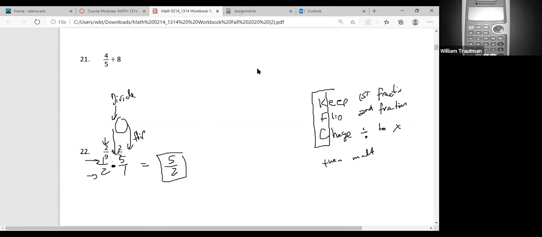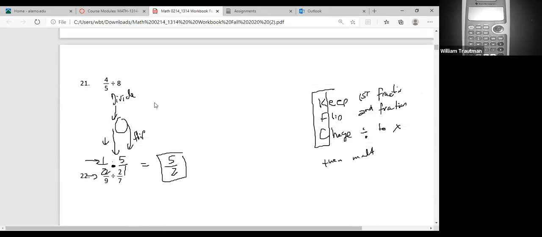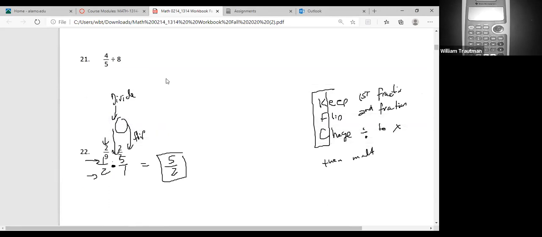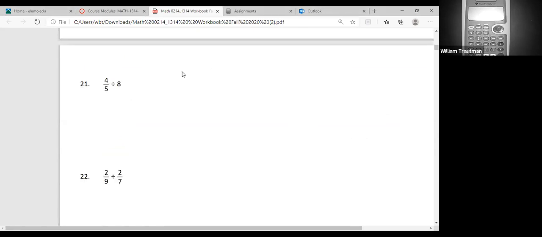So, oh, I didn't do that one on the calculator. Well, let's do number 21 on the calculator. Hang on, let me see if I can get this going here. All right, so let's put this 4/5 divided by 8 on our calculator.